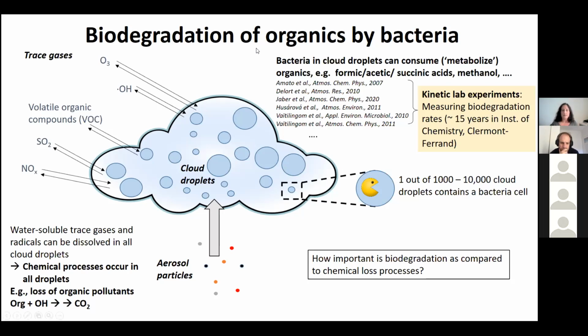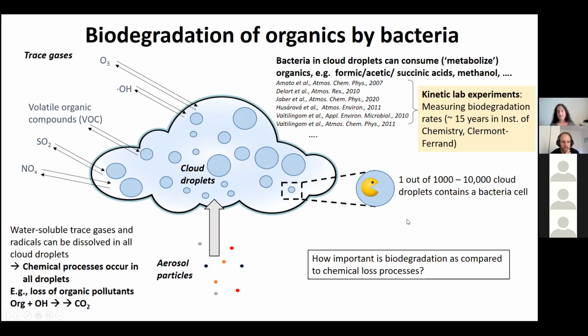That is one of the major objectives of our MOBGA project: how important is biodegradation as compared to chemical losses? I have these very detailed models for cloud chemistry, and now we wanted to add the bacteria, the biodegradation.